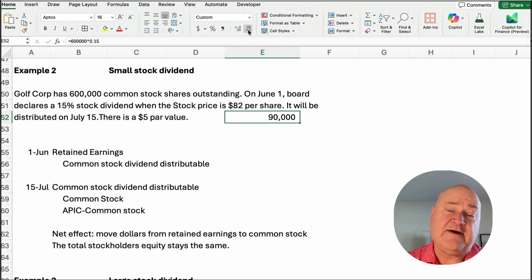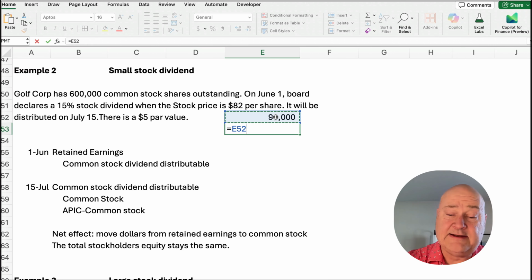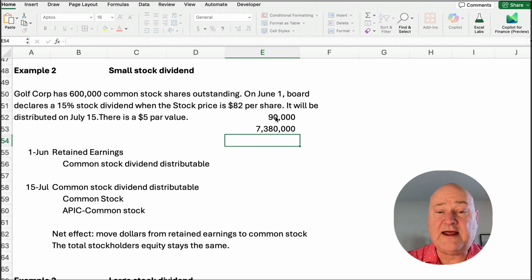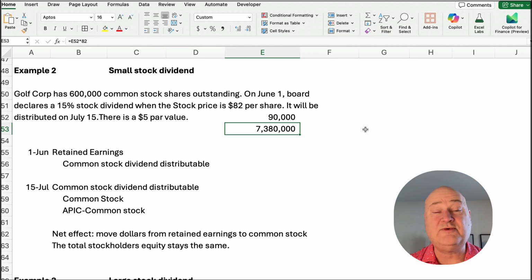So we're going to assume that the stock price stays at $82. If we take 90,000 times $82, this is like issuing $7,380,000 worth of stock.